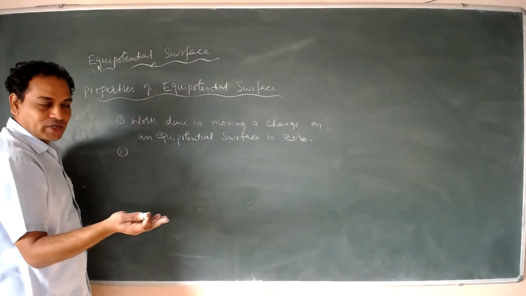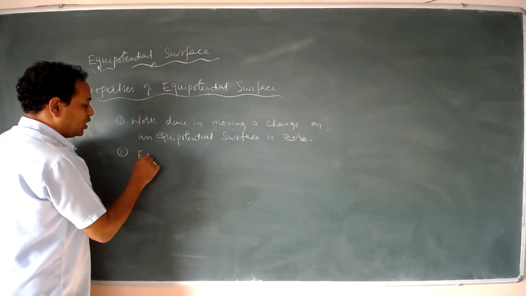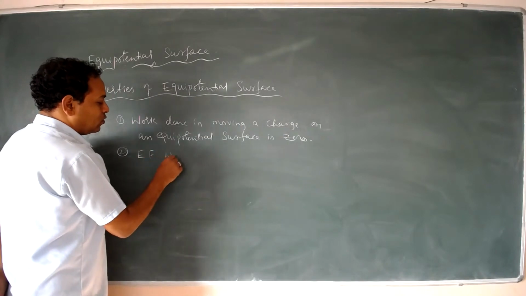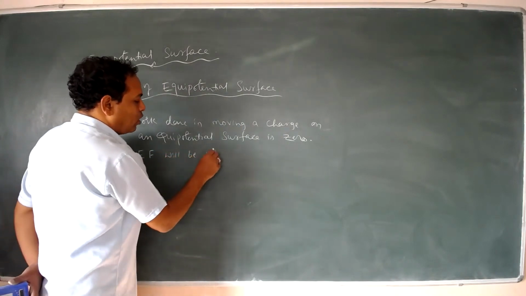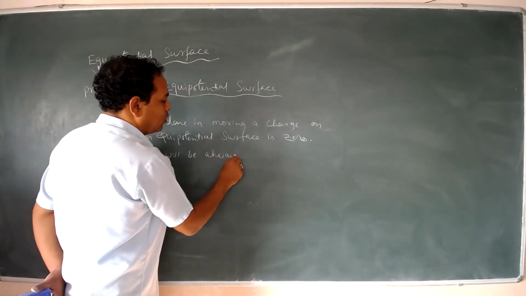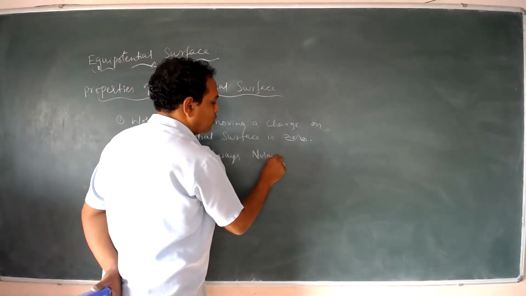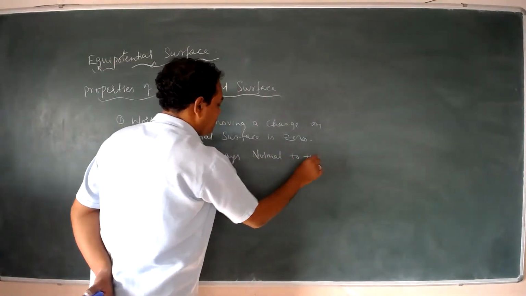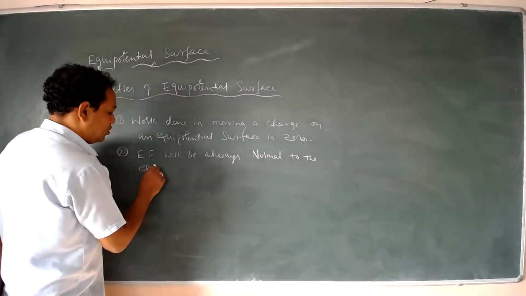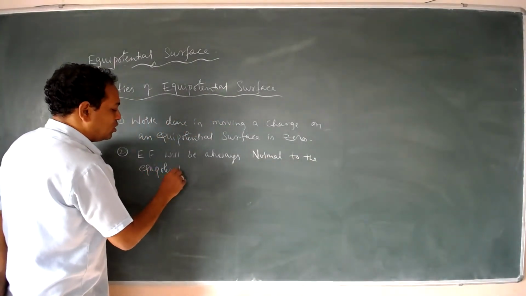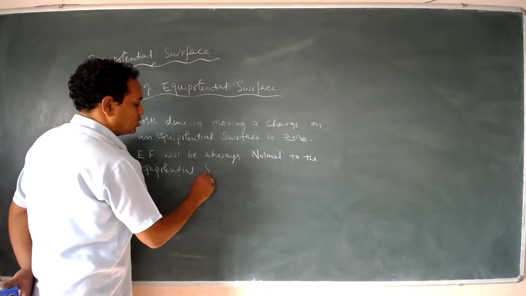Now let us see the second point. Just now we have said that the electric field will always be normal to the equipotential surfaces.